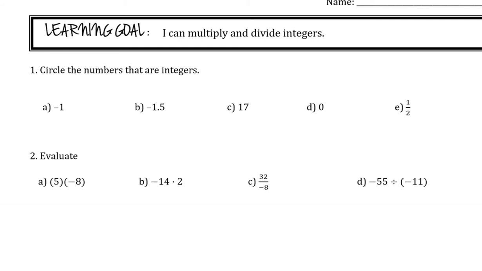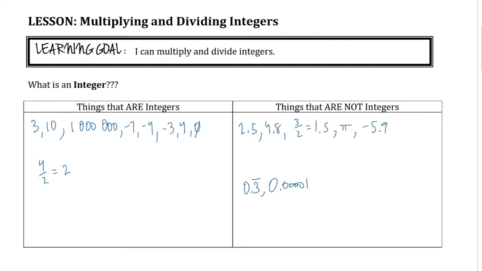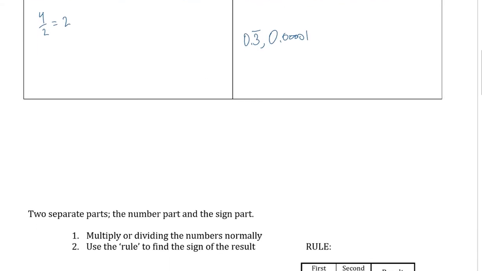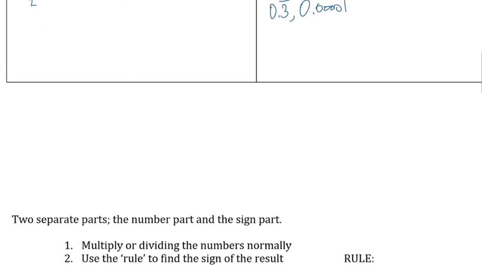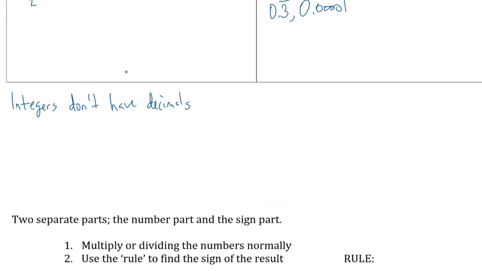Otherwise, what we're really going to be doing in this lesson is talking about how to multiply and divide positive and negative numbers. So just to write this out, integers don't have decimals or fractions.